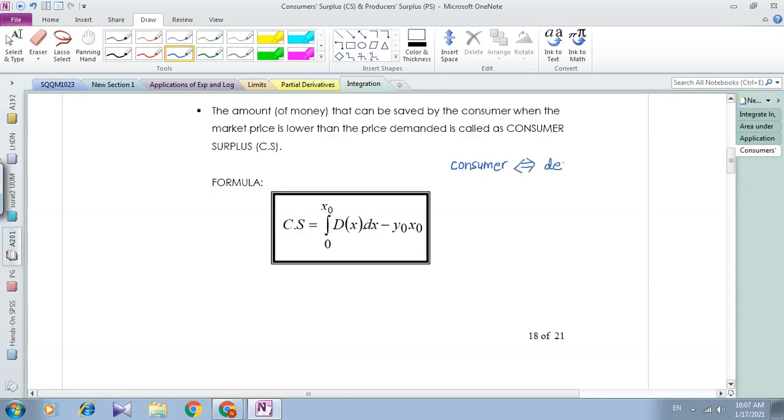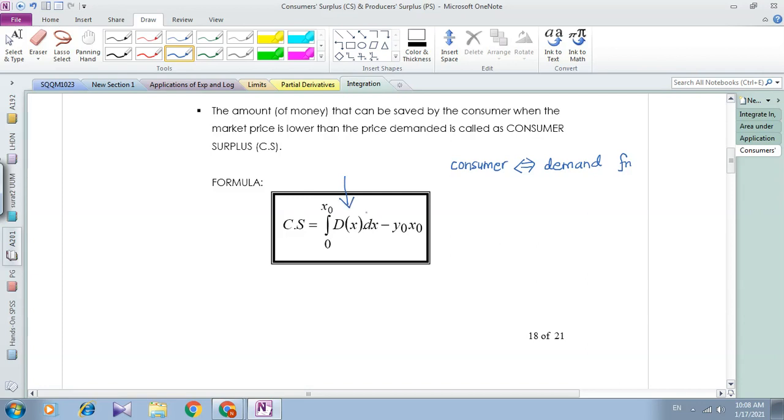Because as a consumer, we demand a product at a certain price. So consumer, demand function. That's why in the formula we have the demand function.